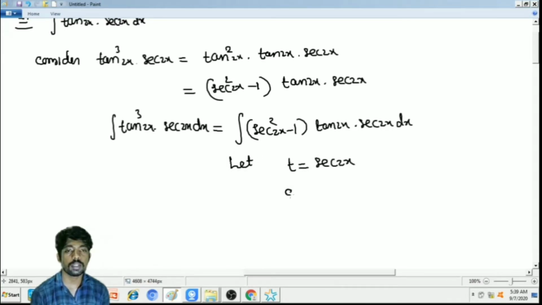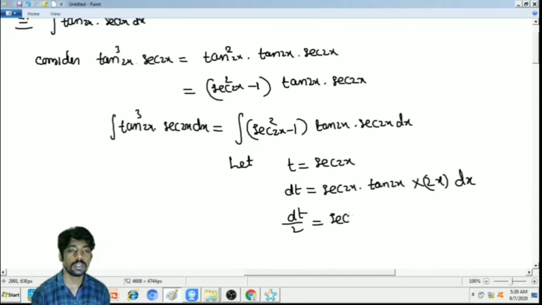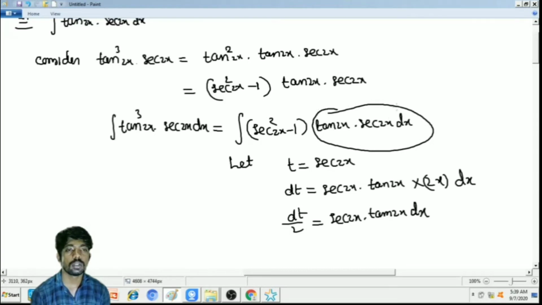If I differentiate that, dt is equal to secant 2x into tan 2x, and the differentiation of the inside part is 2, so dt by 2 is equal to secant 2x tan 2x dx. So in the place of tan 2x secant 2x dx, I am writing dt by 2.